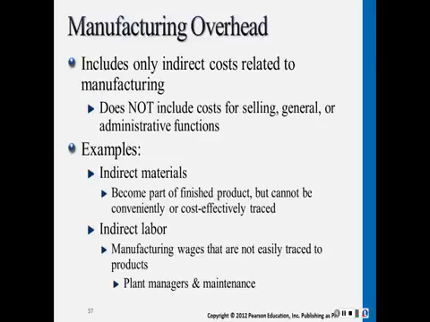Examples include the pay of forklift operators, janitors, and plant managers. Keep in mind that with indirect costs, there is often professional judgment involved as to whether a specific cost is part of the product manufacturing overhead costs, or if the particular cost is not related to the manufacturing of the product, which is a period cost.